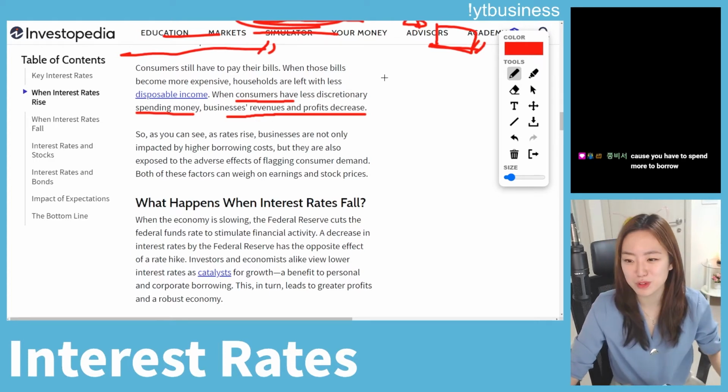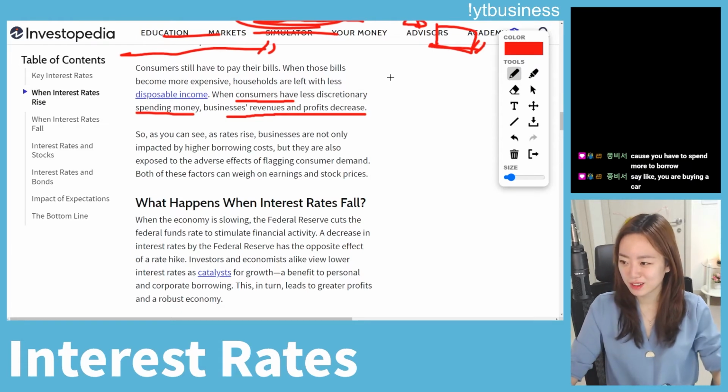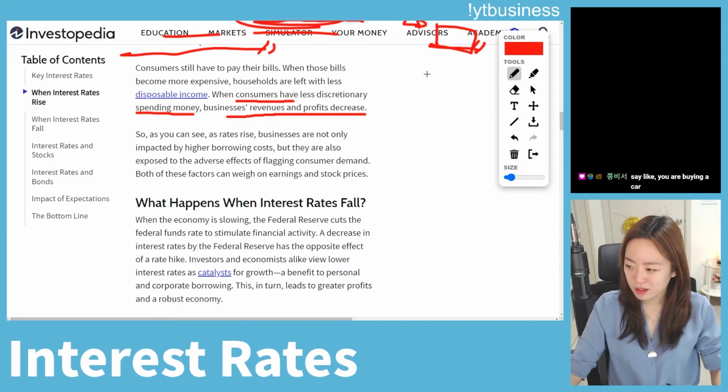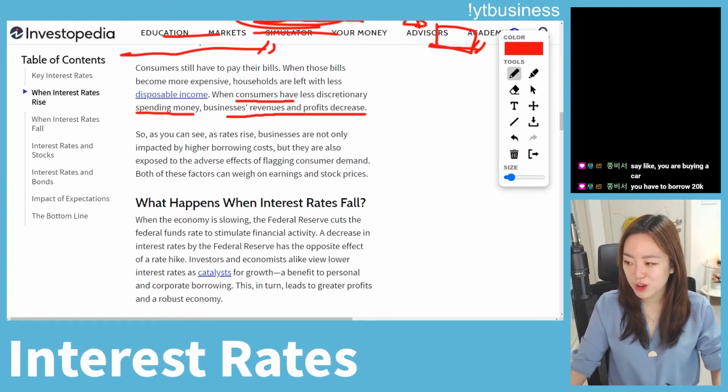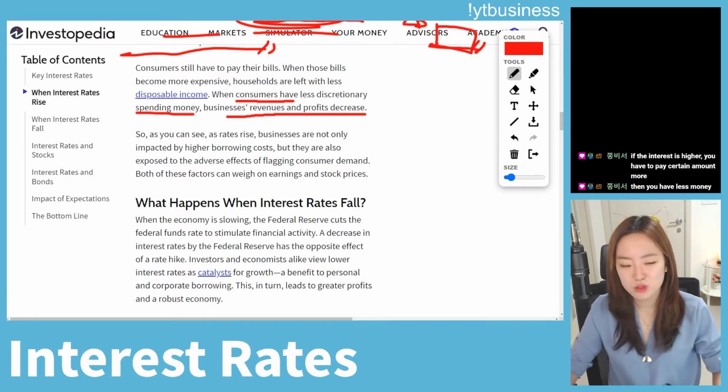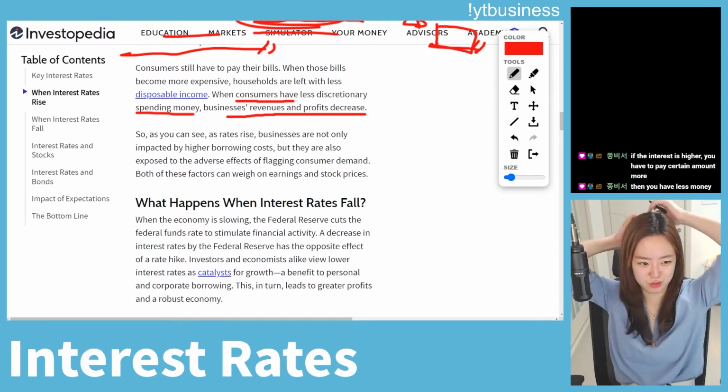Maybe that's why people are doing a lot of second jobs, right? Say you're buying a car. You have to borrow 20K. And you gotta figure out how much the interest rate is. But if it's too high, then you can't borrow the full 20K. Oh, that's true.